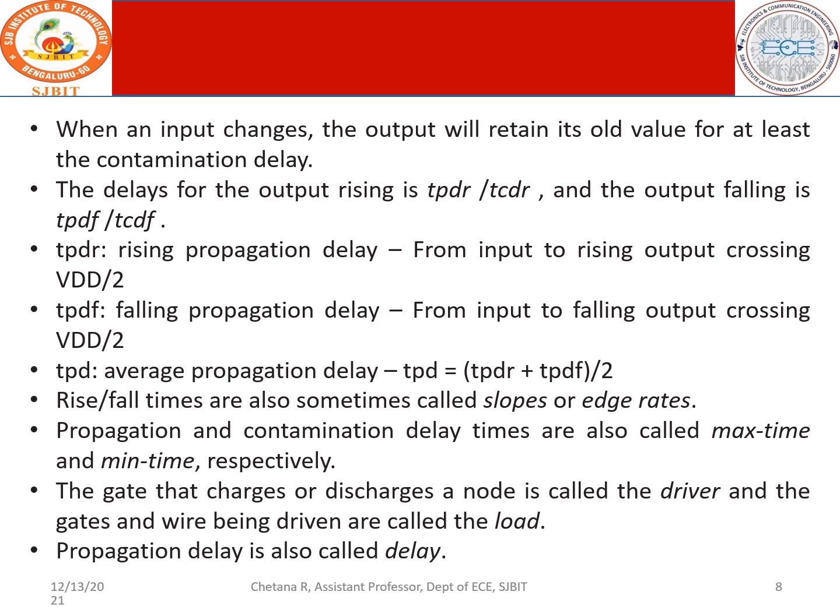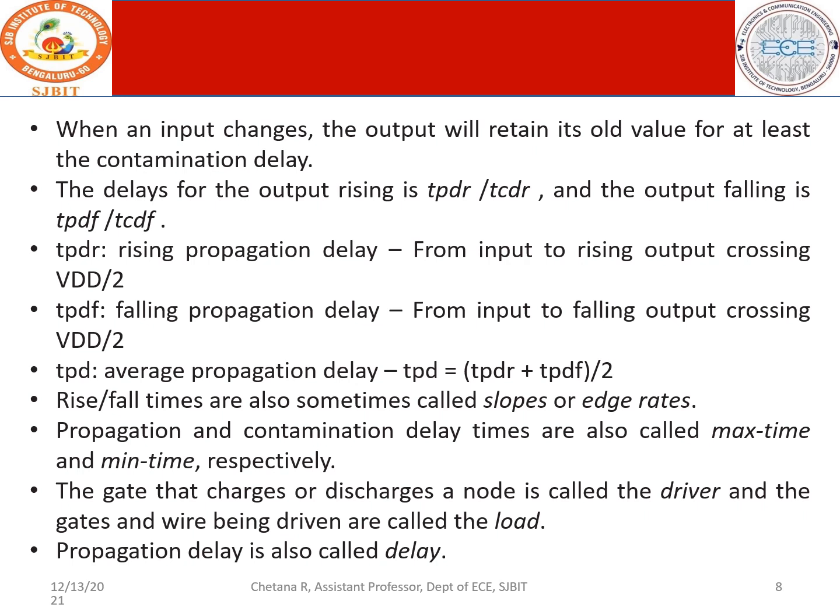The gate that charges or discharges a node is called a driver. A driver is a device which enhances the operation of the next device. The other device is a bit slow, therefore the strength for that device is given by the previous device. So the previous device acts as a driver.